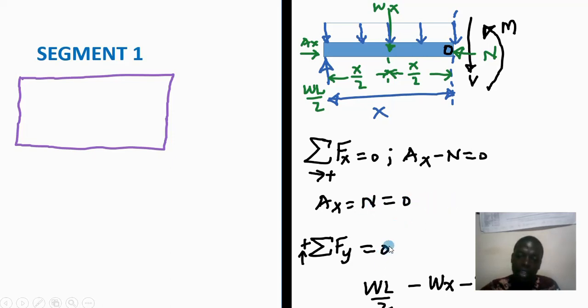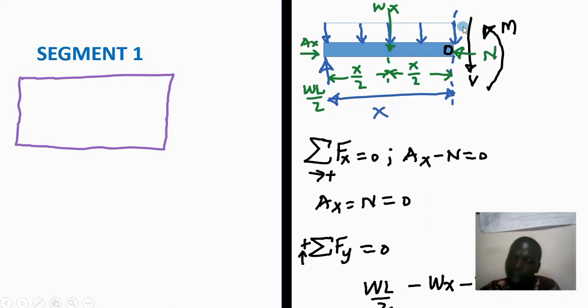Then we look at the summation of forces in the y direction. These forces should equal 0. According to this free body diagram, the vertical forces are WL out of 2, the vertical downward force Wx, and also the shear force.